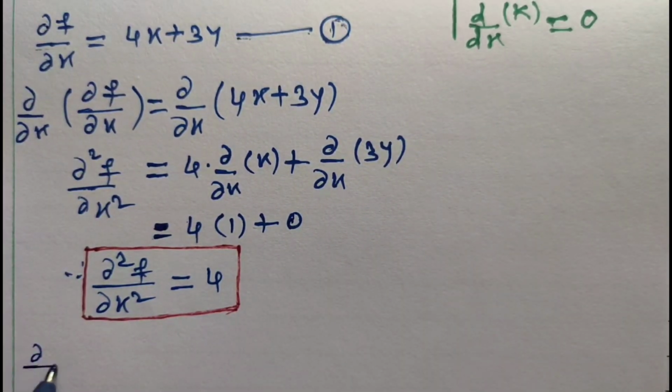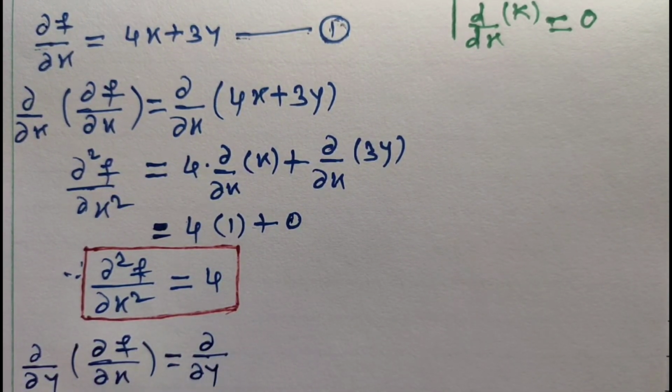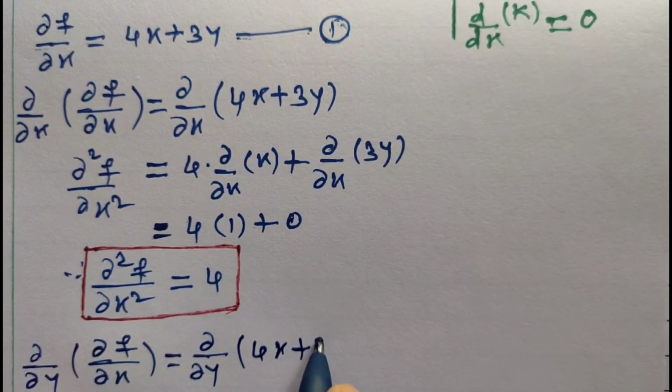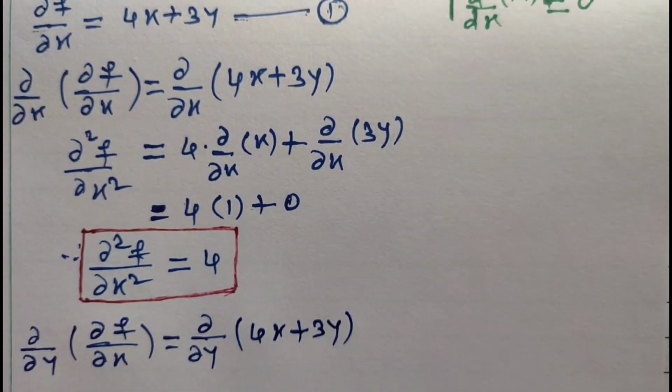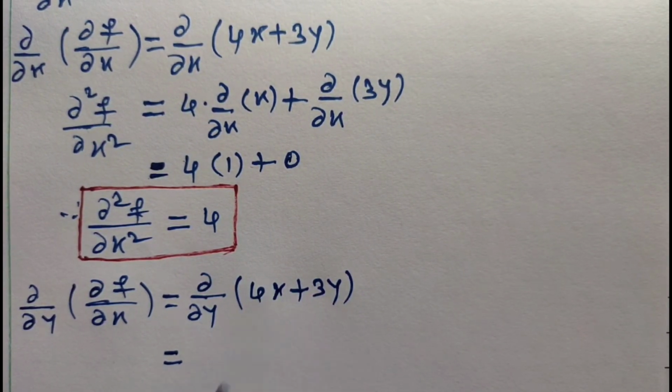So partial derivative with respect to y of dou f by dou x is equal to partial derivative with respect to y of 4x plus 3y. We are partially differentiating with respect to y considering x as constant, so 4x becomes constant.